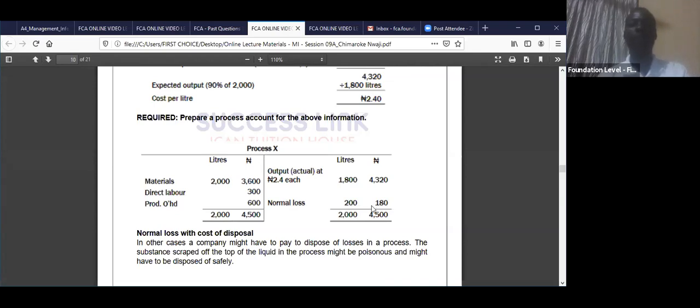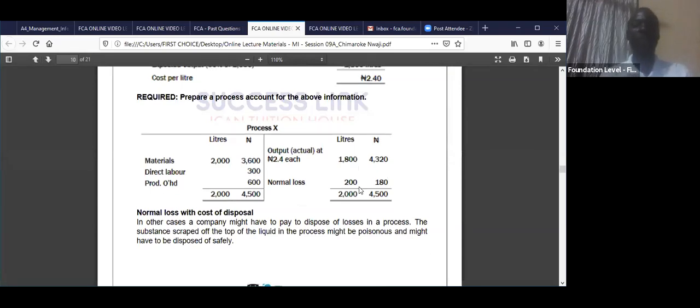Then what you just do is 2,000 minus 200, you get 1,800. 4.5 minus 180, you get this figure. That's the best way to do it. So you've gotten your output. You might decide that after you've done this, you can use that too by multiplying your 1,800 by 2.4, you will get the same thing. But I would suggest you do your normal loss first. Let the output and the value be the balancing figure.